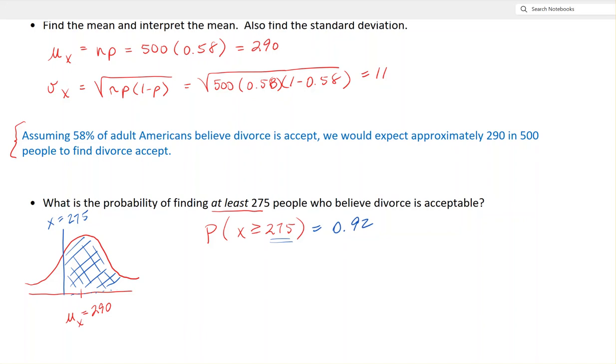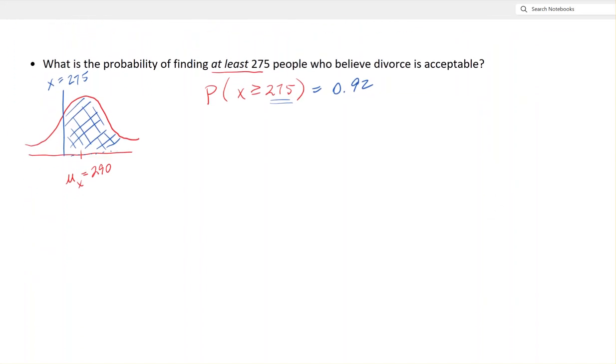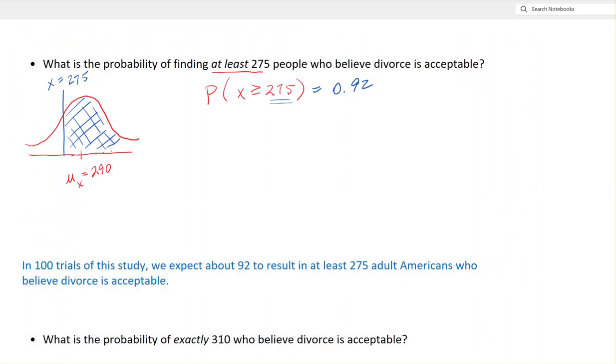Now, how do I interpret that probability? Well, we might be able to say that in 100 trials, remember we're going to use the last place value there, in 100 trials of this study, so this study of 500 people, we expect about 92 of those trials to result in at least 275 adult Americans who believe divorce is acceptable. So let me say that a different way.